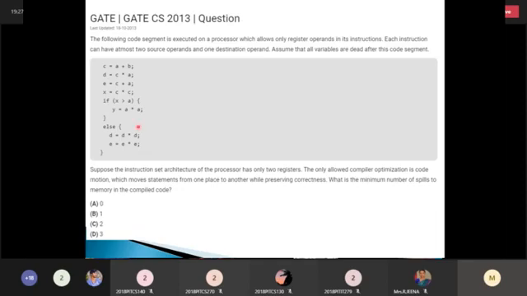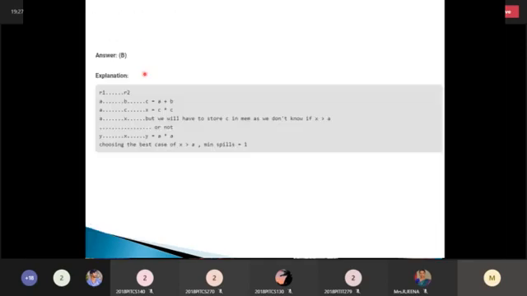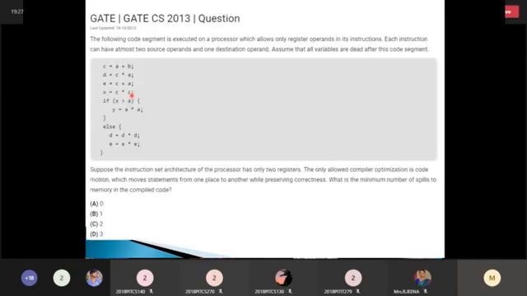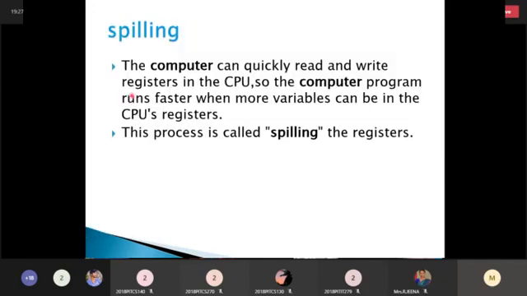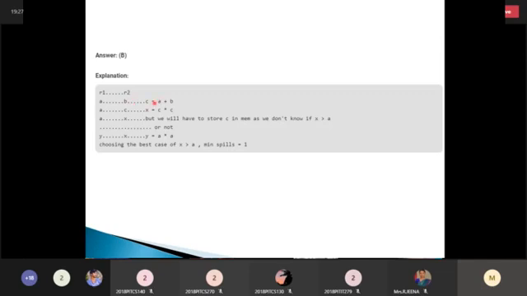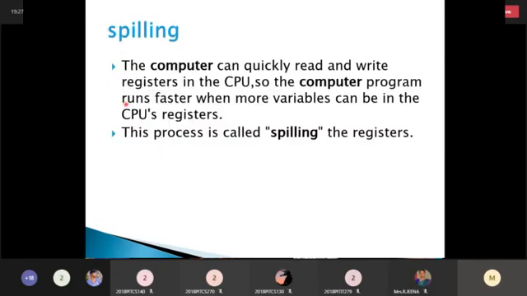So see here, C equal to A plus B. Here I am just using the 2 registers R1 and R2. C equal to A plus B means here the A value will be stored in R1 and B value will be stored in R2.